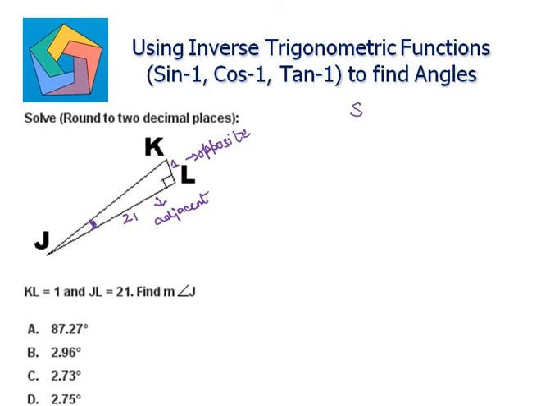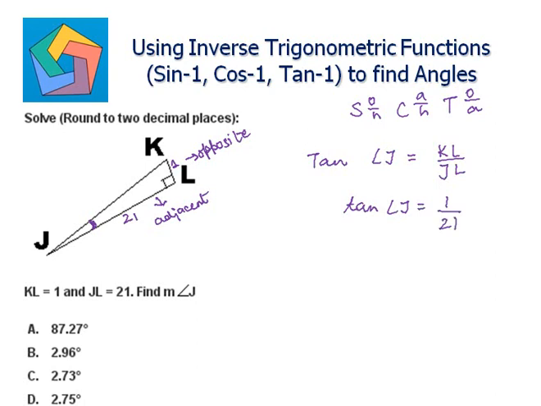And we can use the relation, I have opposite over adjacent as tan of theta. So we'll say tan of angle J will be equal to KL over JL. Tan of angle J is equal to 1 over 21.